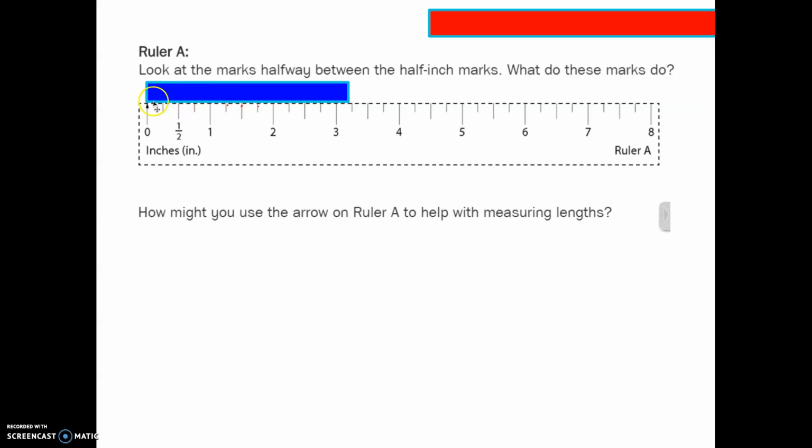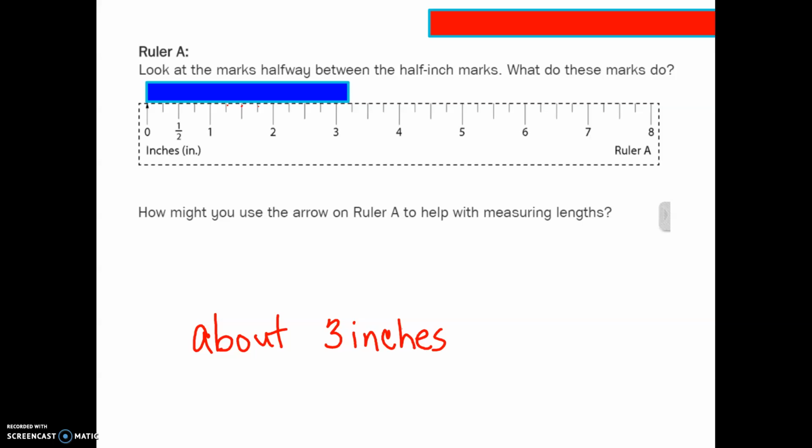Now, when I look at my blue object, it's not right at the 3, and it's not right at the 4, is it? But it's closer to the 3 than the 4. So I would say that that blue line is about 3 inches long.